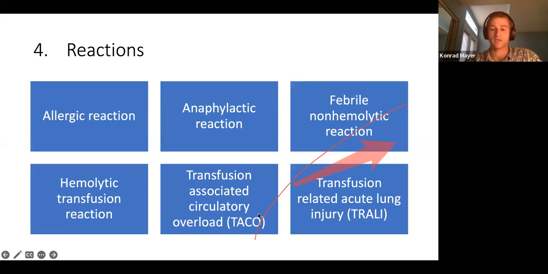And 2 other reactions that are good to understand and know about are the transfusion-associated circulatory overload, TACO, and the transfusion-related acute lung injury. They can both be severe, and it is good to recognize these and know what's going on because treatment varies and they should not be mistaken for anything else.